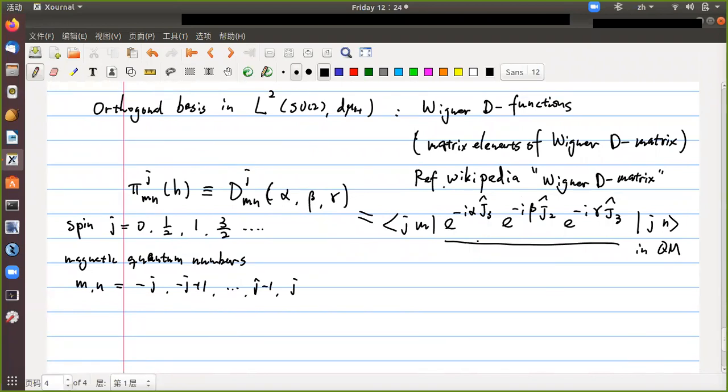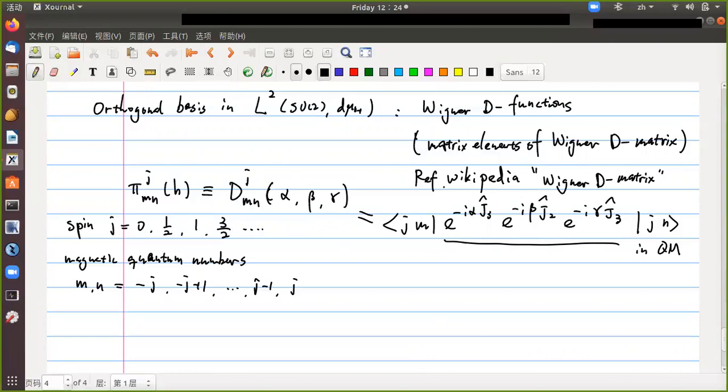All right, so this is called the Wigner D matrix. It is a function of the angles alpha, beta, and gamma, and it's a matrix element of this rotation operator in quantum mechanics, using the basis of Jm and Jn.